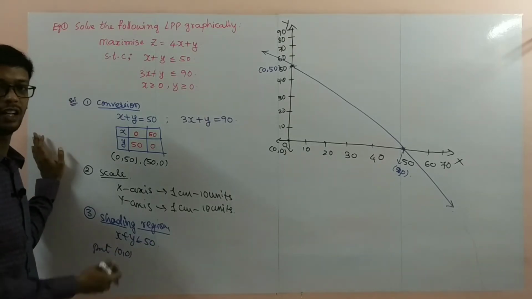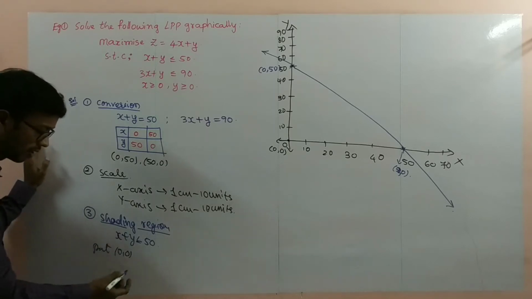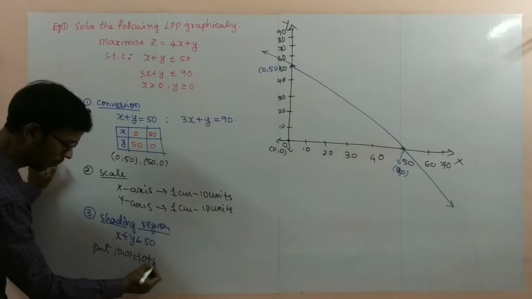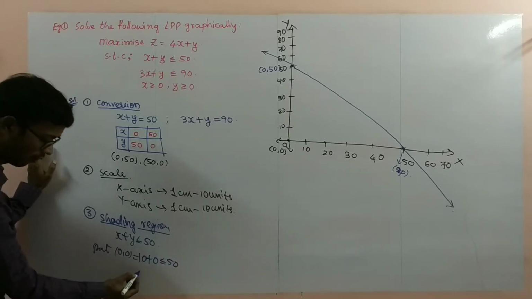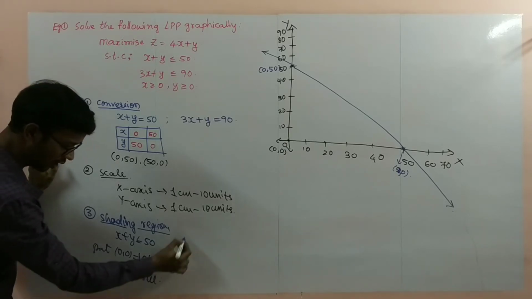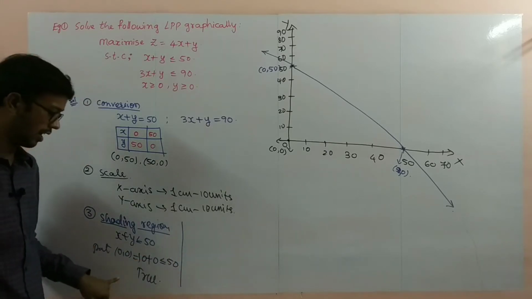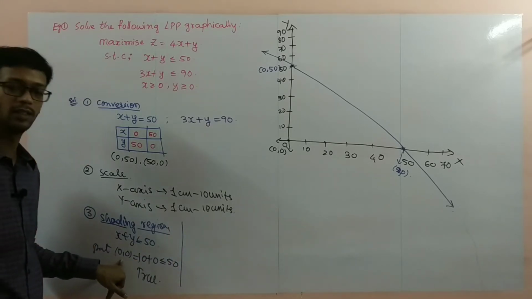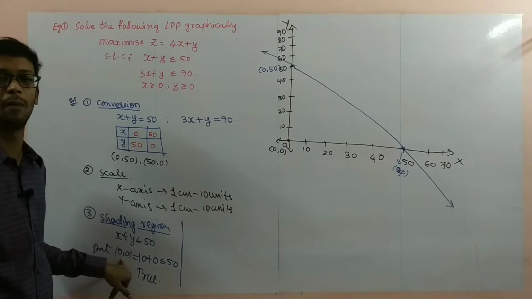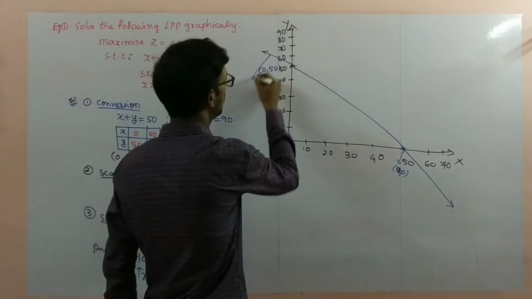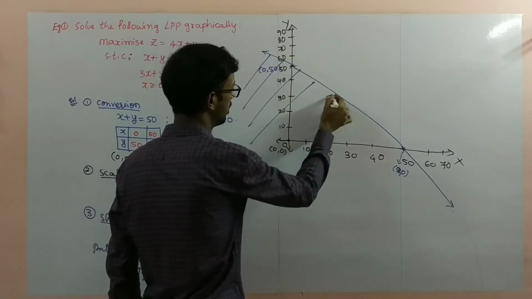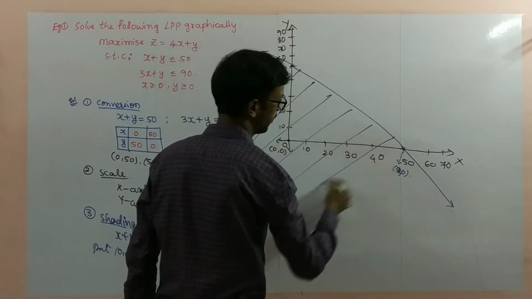Any point we can take, this is easy, so that's why we substitute 0 comma 0 here. 0 plus 0 is less than or equal to 50. 0 is less than or equal to 50. The condition is true, so the shading is towards 0 comma 0, including 0 comma 0.